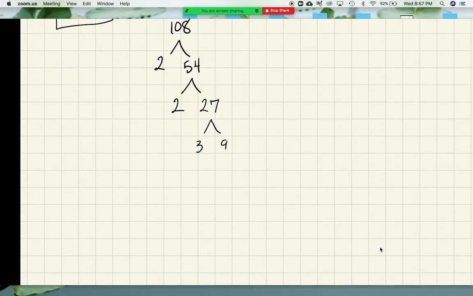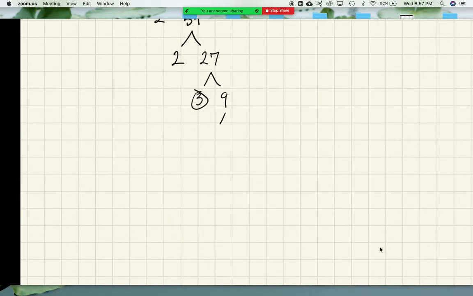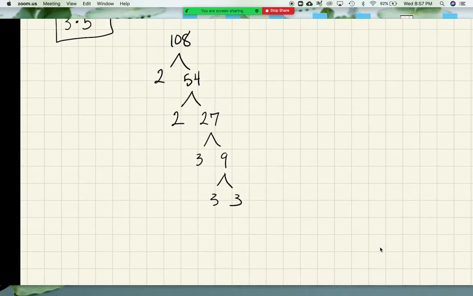So I can stop with the 3 because 3 is also a prime number. But the 9, I can divide by 3 and 3 again. Does that make sense so far? Yeah. So I just keep trying to divide until I can't divide anything anymore.